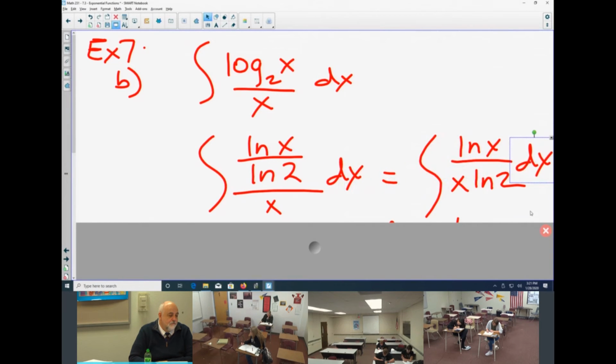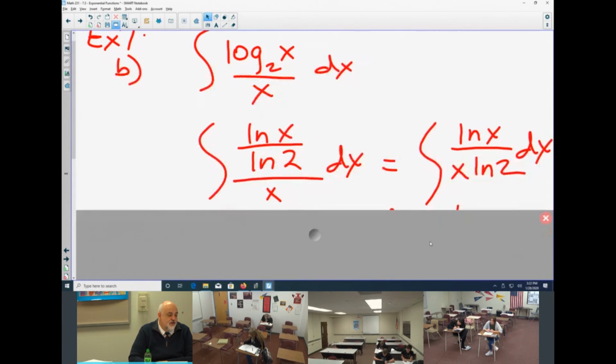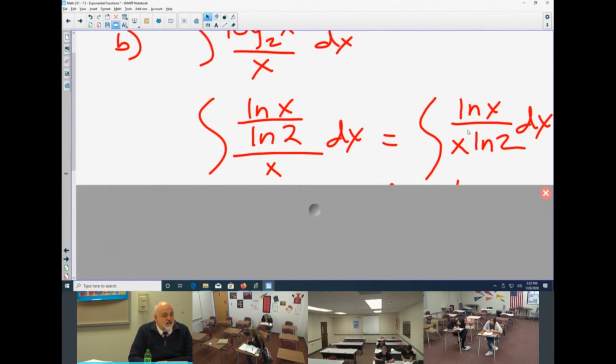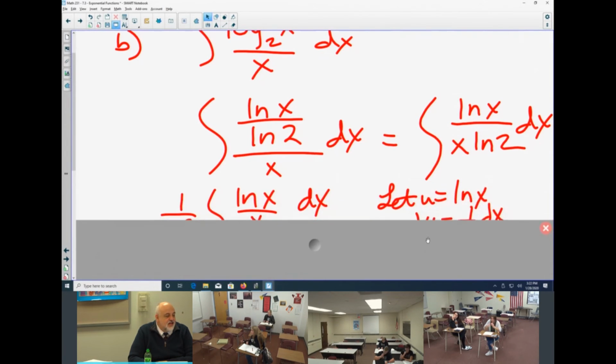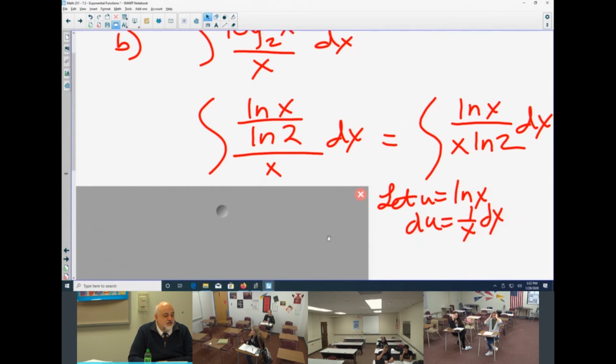Okay. All right, so now when you see that natural log of x over x, we can do a u substitution on that, because if we pick u to be the natural log of x, the du is going to be 1 over x dx.